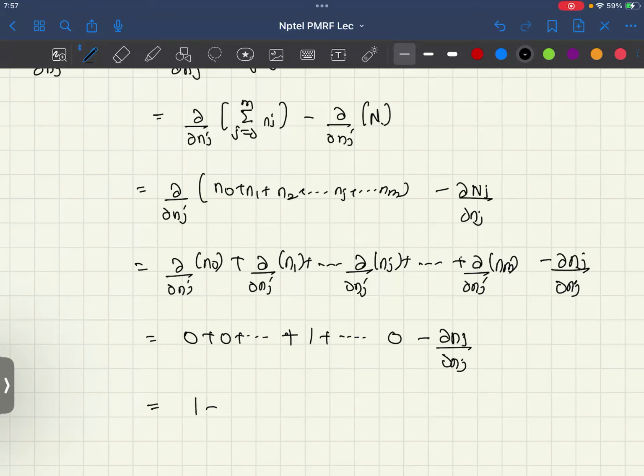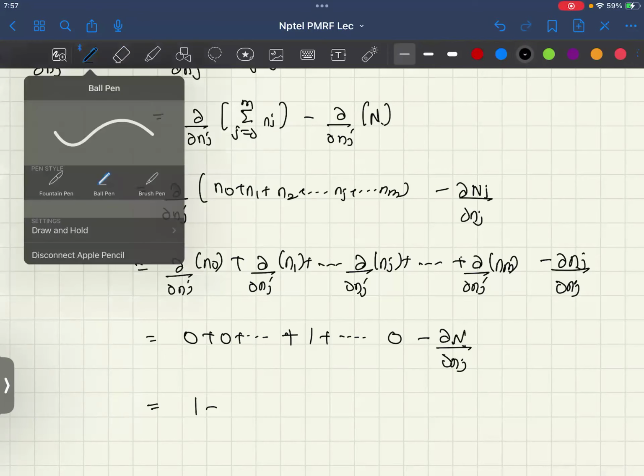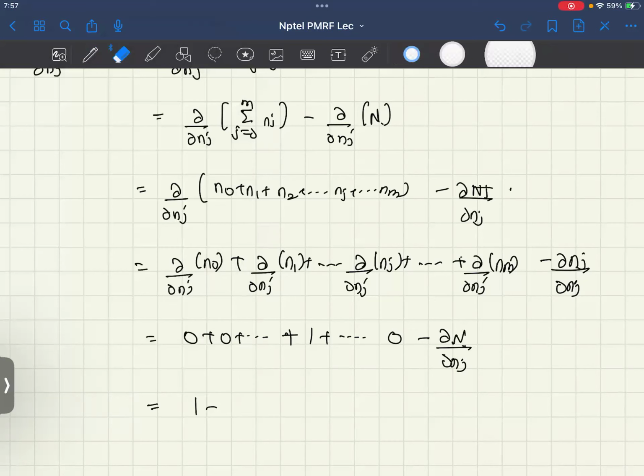yeah, this is not actually nj, this is total N. Also not nj, this is total N. This is what? 1 minus 0, which is 1.